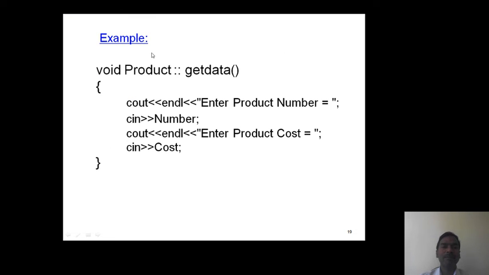Let us see an example. The return type of the getData function is void, the name of the class is product, then the scope resolution operator, and the name of the function, getData. Here the getData function is defined to accept the input values number and cost.